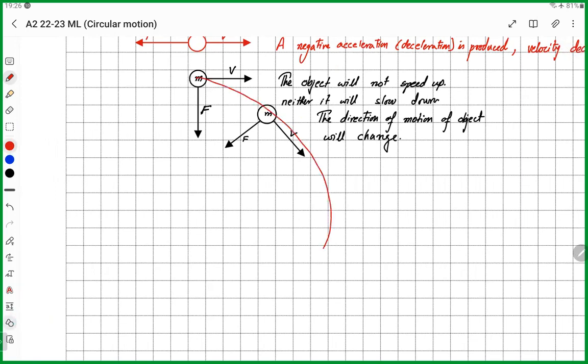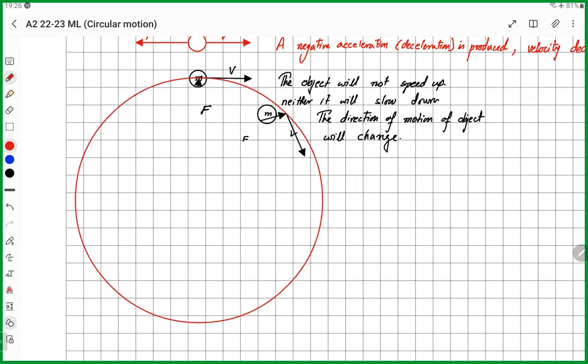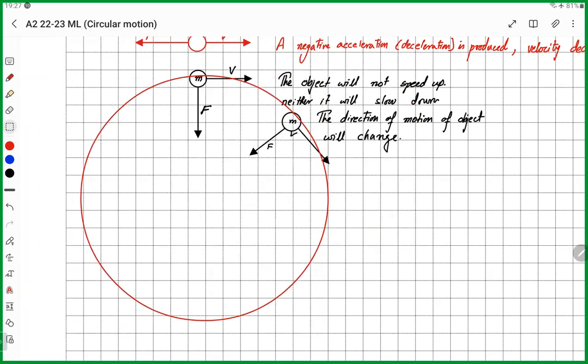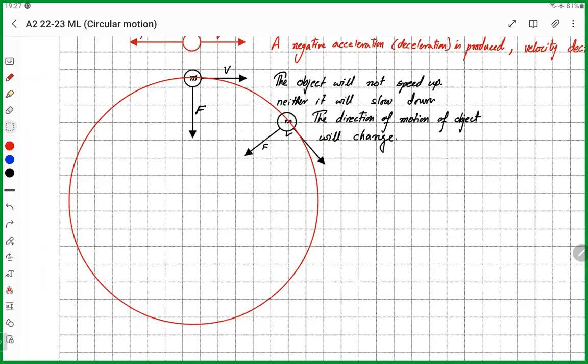So if this keeps happening every time, then we are supposed to observe something like this. Just 1 second.